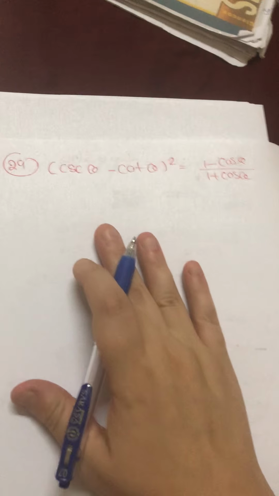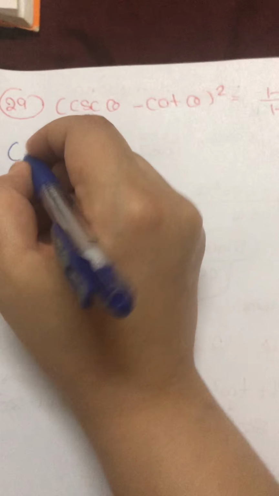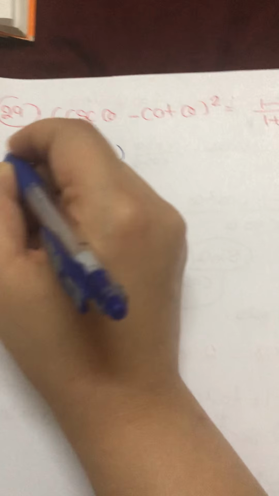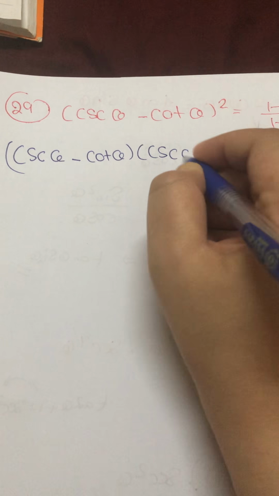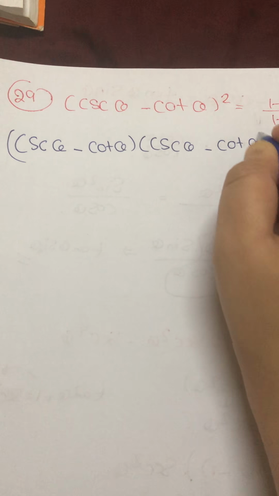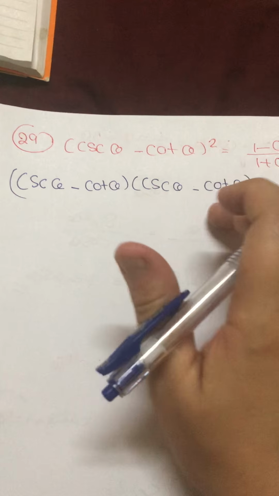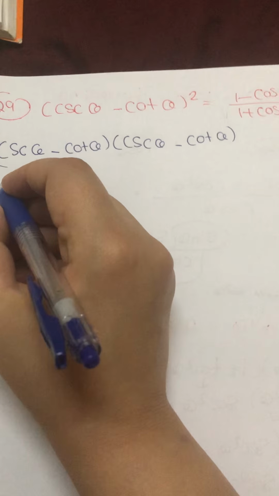Regarding question number 29, and that's it. Okay, I'll stop at 29. I planned until 30, but anyways. Cosec theta minus cotan theta times cosec theta minus cotan theta. Okay, the same bracket multiplied by itself twice.